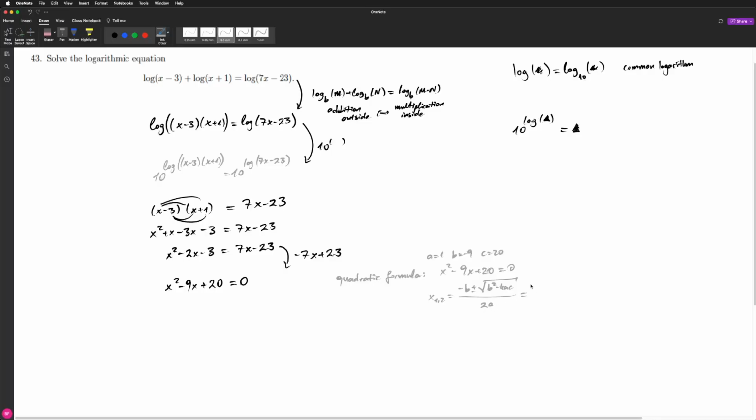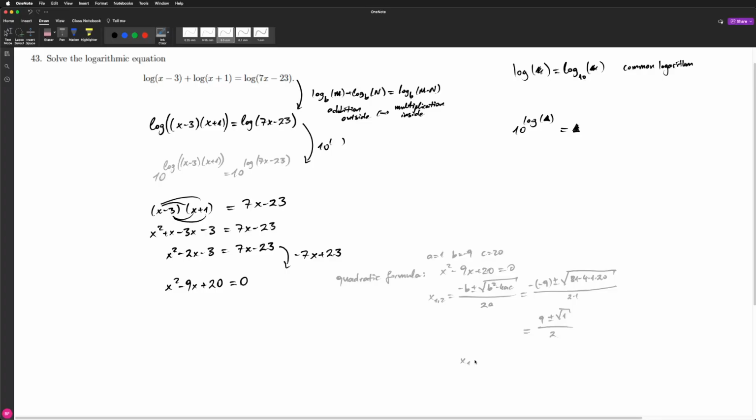Minus b is minus of -9, plus or minus the square root of b squared, which is 81, minus 4 times 1 times 20. 4 times 20 is 80, 81 minus 80 is just 1, so it's the square root of 1, divided by 2a, 2 times 1, just 2.